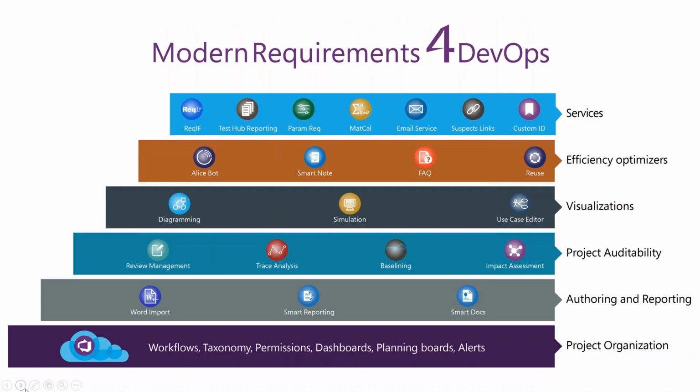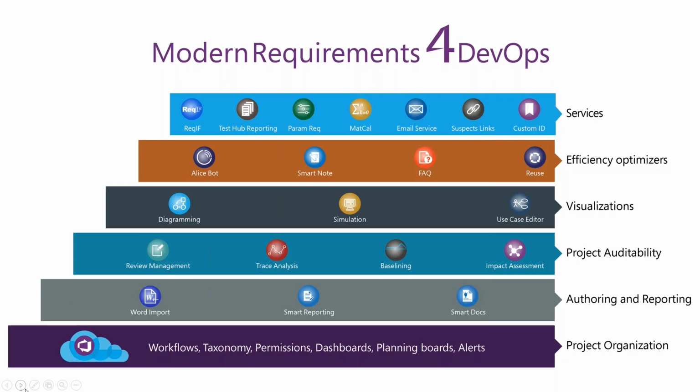Modern Requirements for DevOps offers many layers of functionality. And Smart Docs, in the authoring and reporting section here, was actually inspired by Doors. And it is an online document authoring module that simultaneously creates work items in Azure DevOps as you're creating them in a Word-like document online.